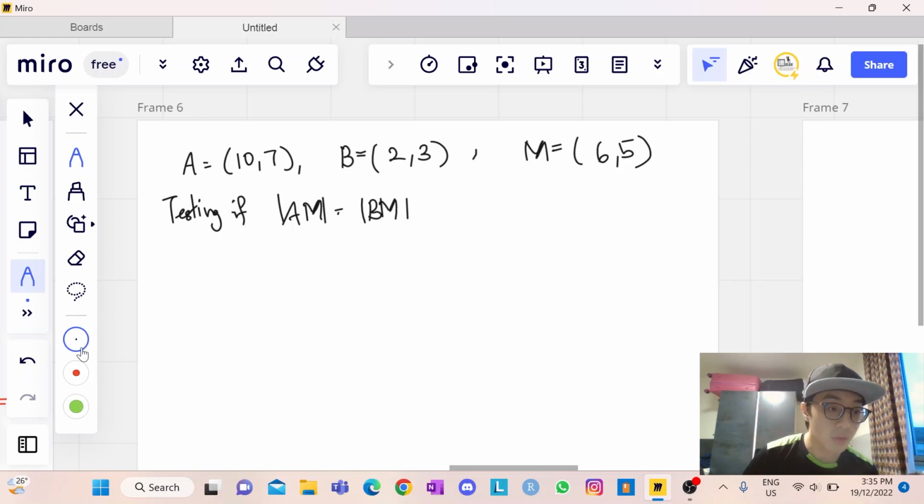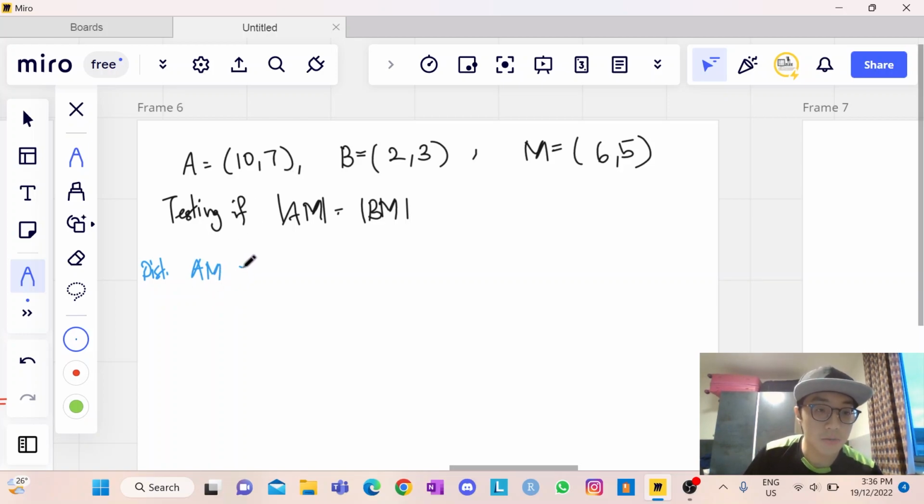So first thing, we'll be calculating AM. I think it's okay if you don't put the modulus, but for safety, you can just say distance of AM in your exams, so that your teacher has no reason to minus any of your marks for saying AM is not the length or anything.